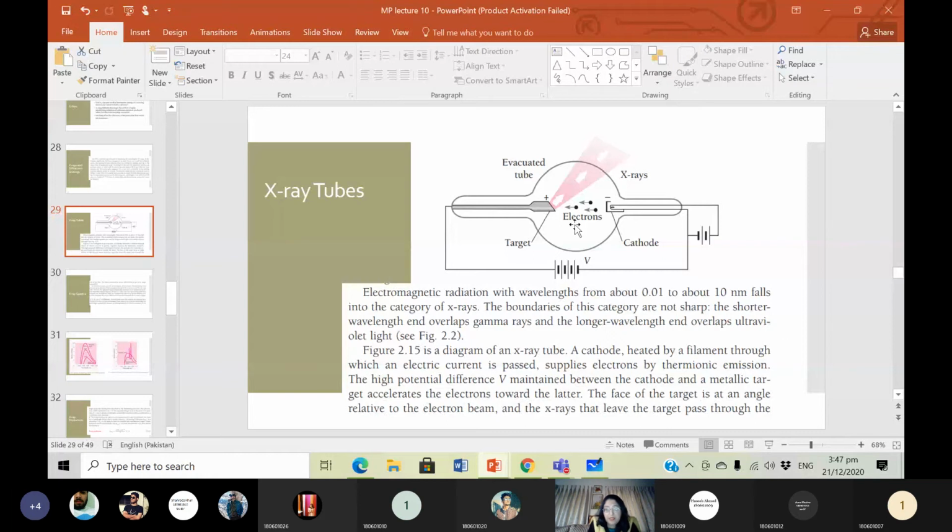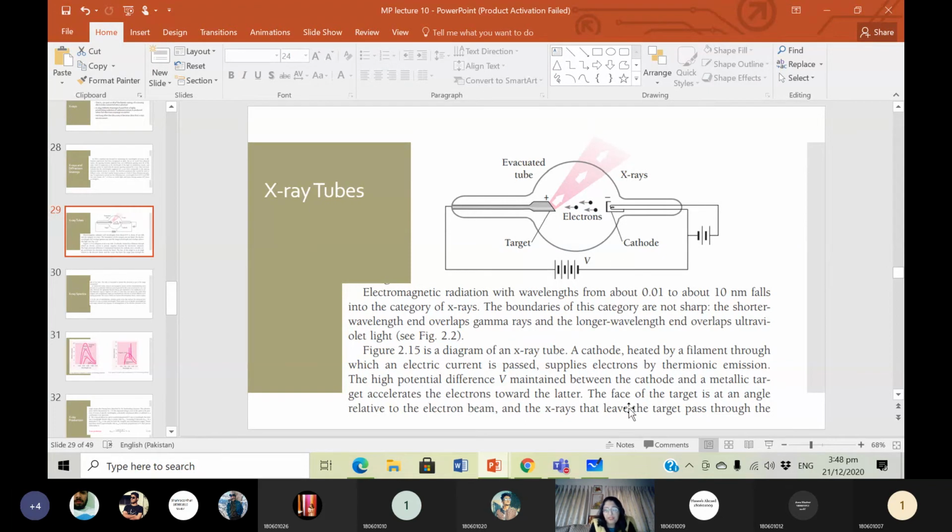Okay, this diagram over here shows an X-ray tube, okay? A cathode is heated by a filament. Here we have a filament, okay? Electric current is passed through the filament. The cathode is heated. It supplies energy to the electrons in the cathode, and the electrons are emitted by thermionic emission.